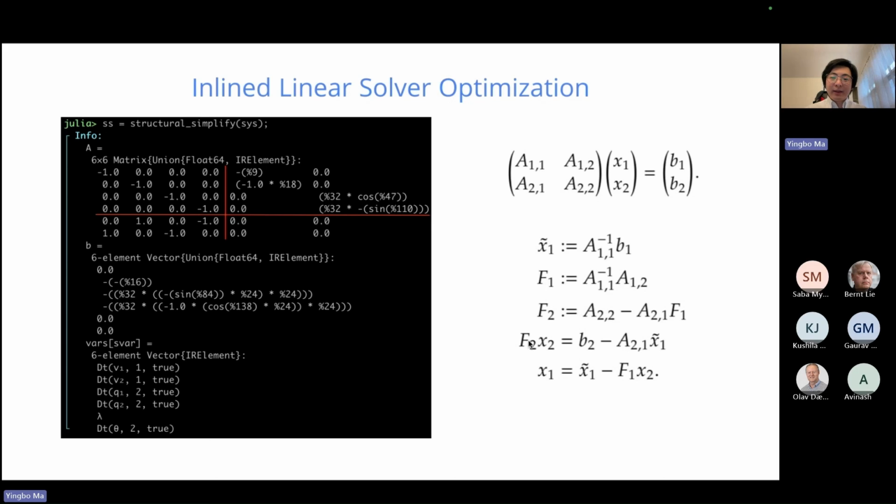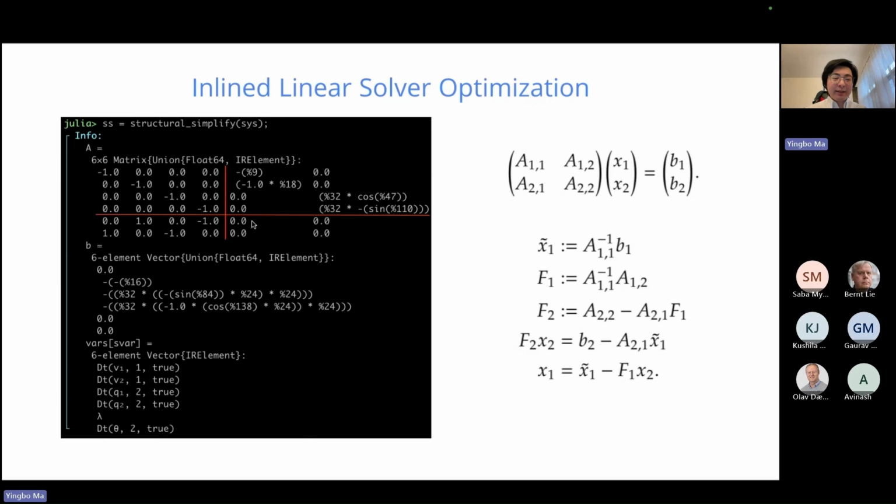And we can see that the only non-trivial linear solve has the same size as the subsystem of A22, because we are computing F2 from A22, right? And this F2 is the only non-trivial linear solve in the simplified linear system.